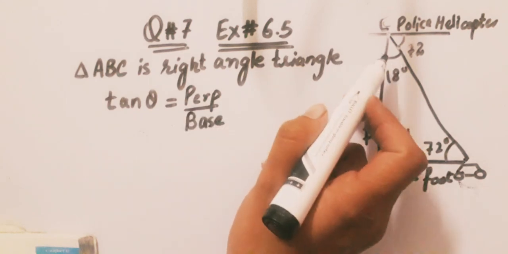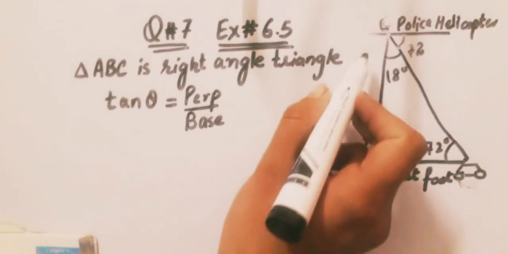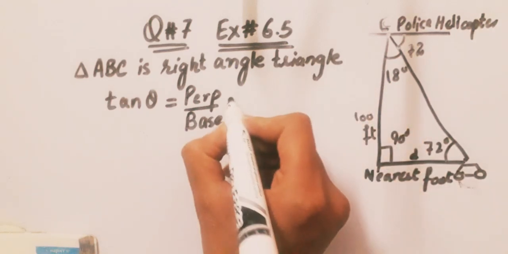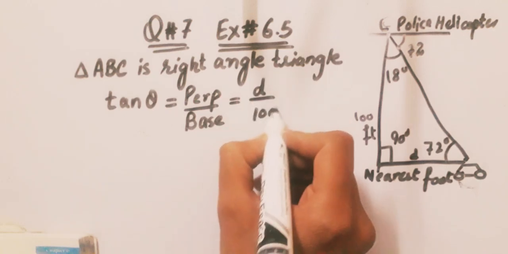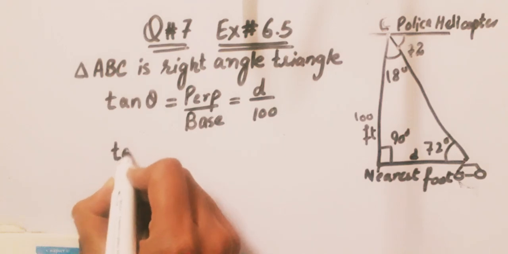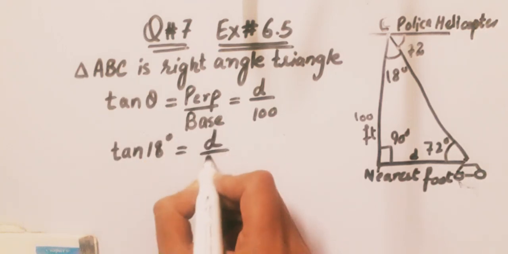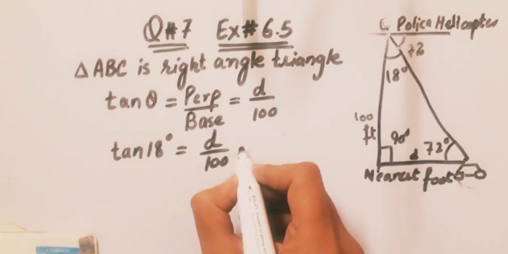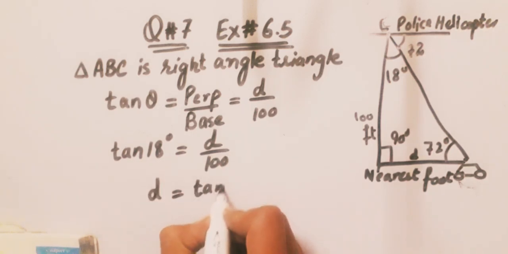By using this angle, perpendicular is equal to D and base is equal to 100. So D by 100, and the angle is 18 degrees. So tan 18 degrees is equal to D by 100. You will find the value of D by multiplying tan 18 by 100.